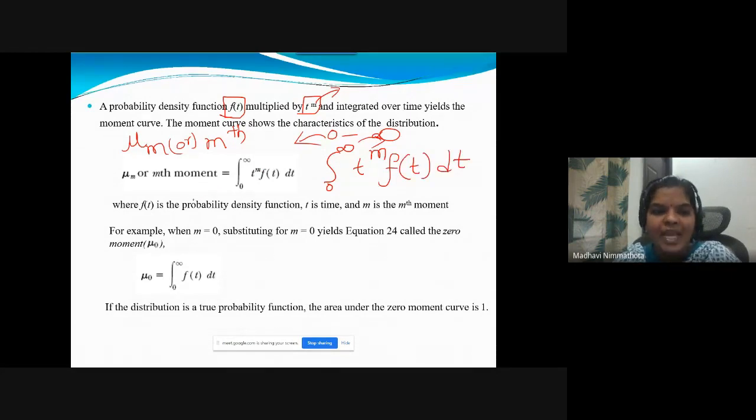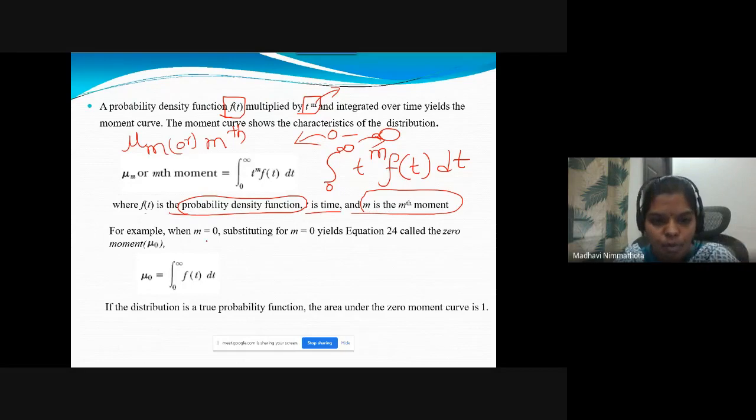This is the basic equation to determine the residence time moment, that is the zeroth moment, first moment or second moment of your drug. Here f of t is the probability density function. So it is a mathematical expression of our equation, right? t is the time, and m is the moment, either first moment or second moment.